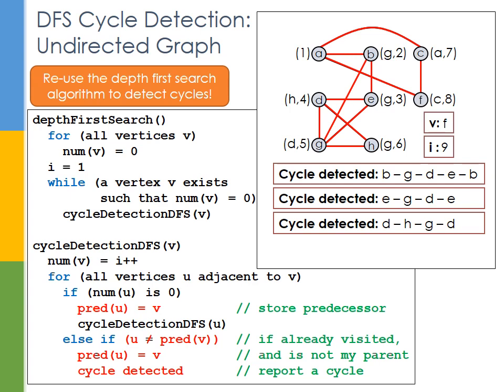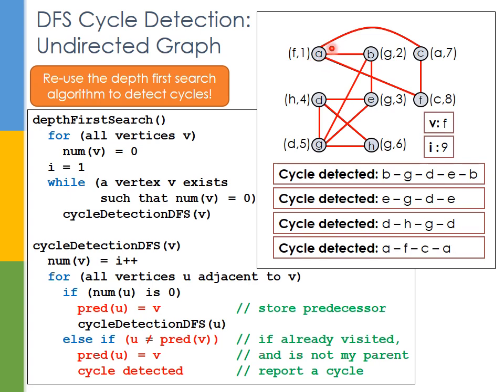We now need to look at A's number, and we see that it is not 0, which means that we have now detected a cycle. So we set the predecessor of vertex A to the current vertex, which is F, and then we work backwards once again through the predecessors from vertex A to determine the vertices that are contained in the cycle.